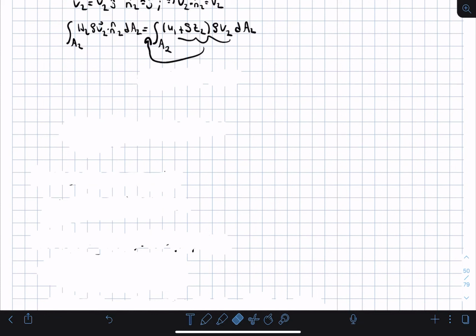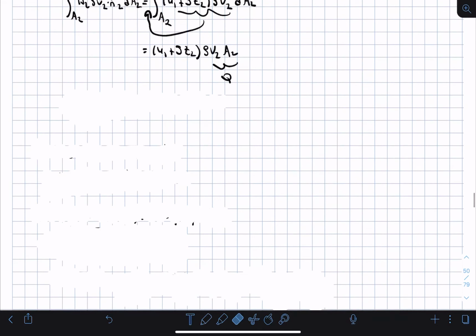And then this term becomes the internal energy of state 1 plus GZ2 times rho V2 A2. Well, V2 A2 again was just Q from conservation of mass. So that implies our area integral over the surface of the upper reservoir is just equal to U1 plus GZ2, that quantity, times the density times the volumetric flow rate.